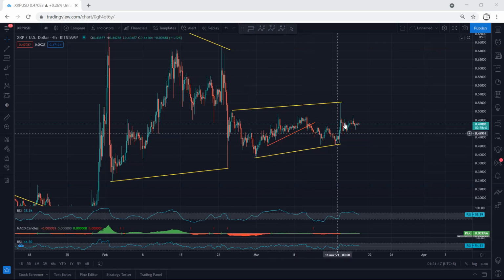Because at any of these levels price can easily reverse and the structure becomes more complex. From what we have right now, if there is a breakout, the best thing I'm looking for is 0.36. But at either of these two levels, 0.42 or 0.39, we are going to watch out.